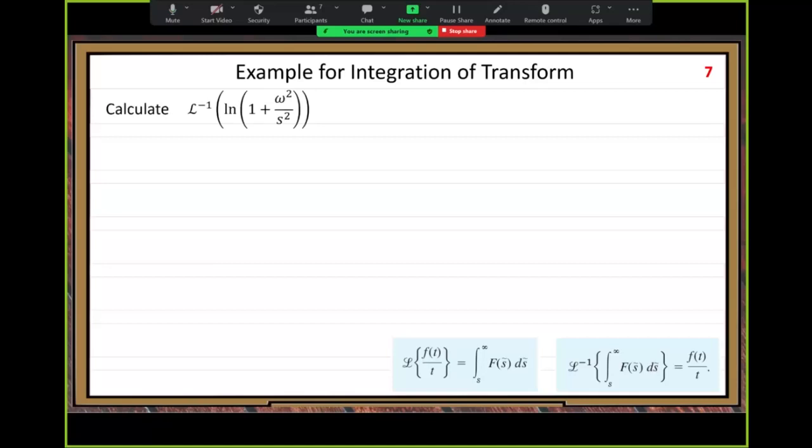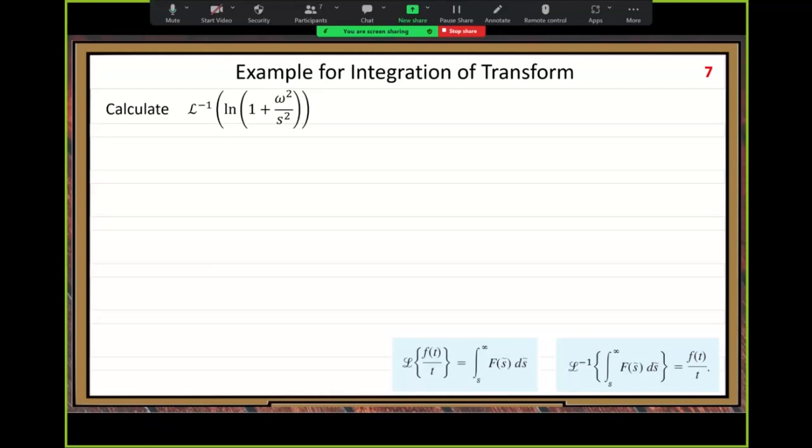The first question: calculate the inverse Laplace transform of this function, the natural log of 1 plus omega squared over S squared. Look at that. One thing that is special in this example is the natural log.